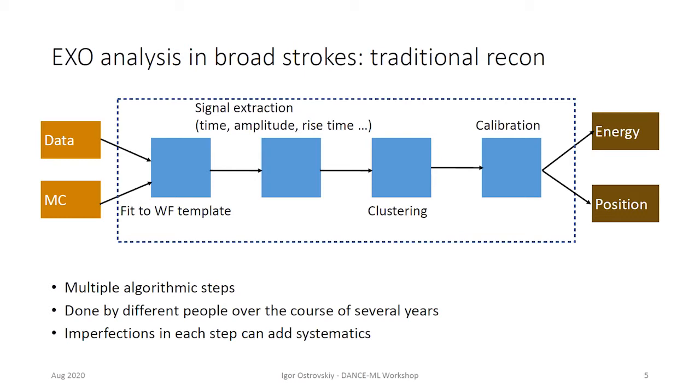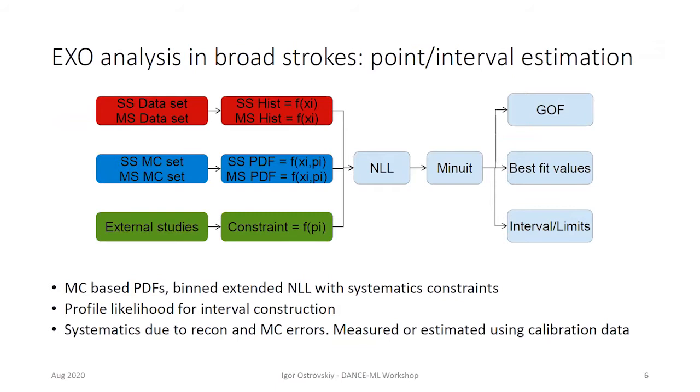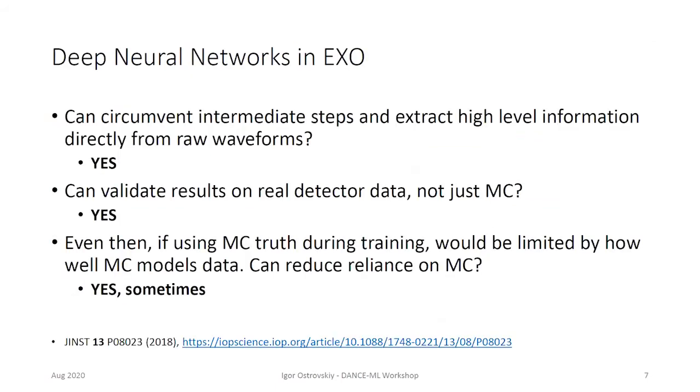That also blurs the picture a little bit and introduces additional potential systematics. Okay, so I'm not going to be talking about high-level analysis here, so I think we can skip this slide.